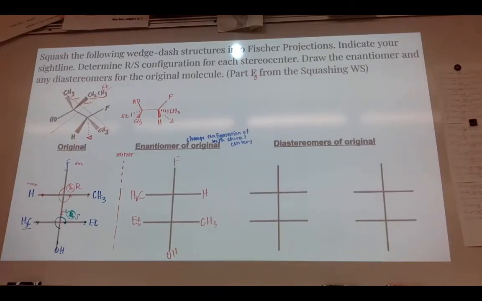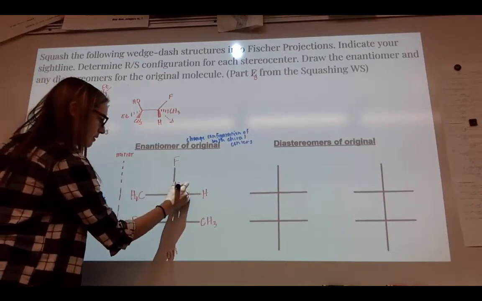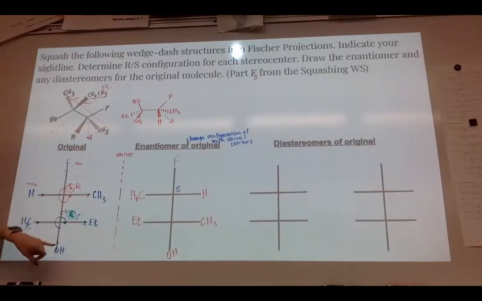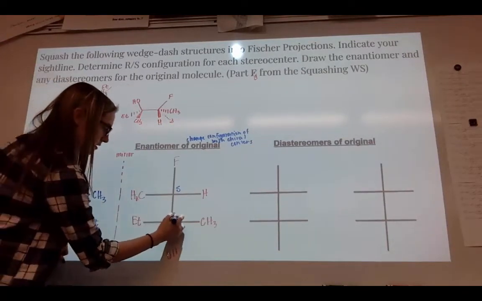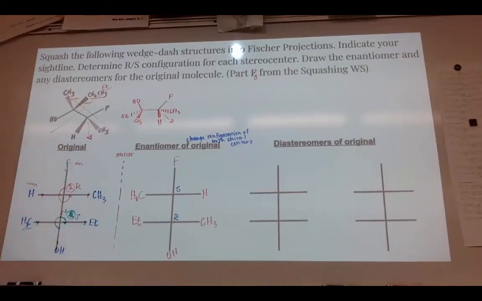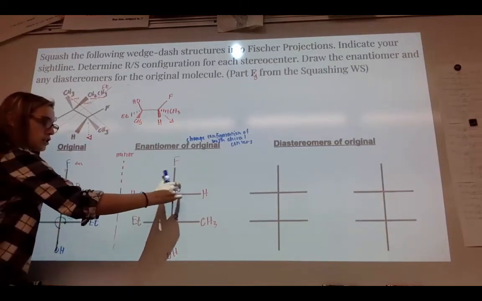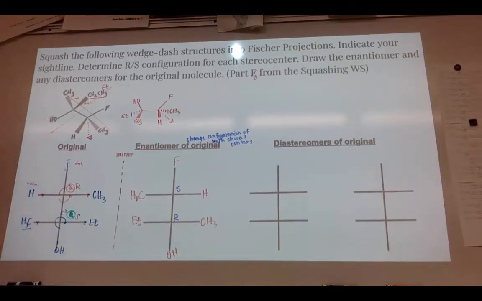So we don't even need to prioritize and look at the steering wheel, because we know that for an enantiomer, if this was R, now it's S. If it was S, now it's R. Because that's the definition of an enantiomer: they just switch configurations of both chiral centers, and that's because we've exchanged the positions of the two groups.